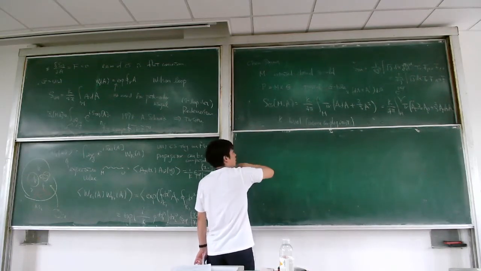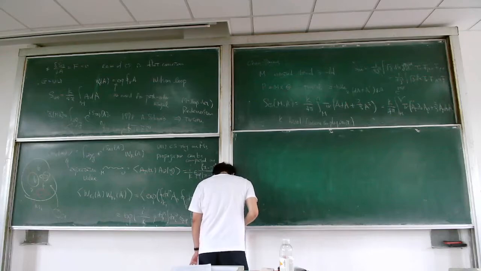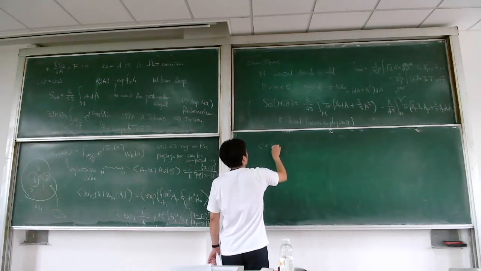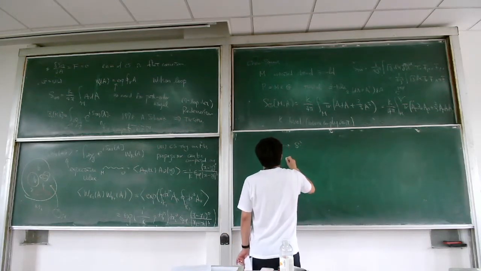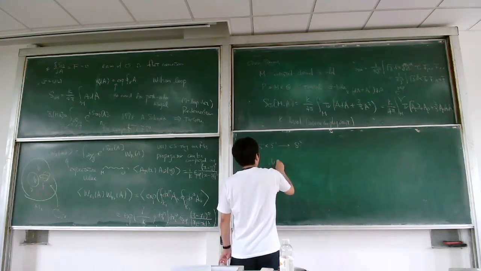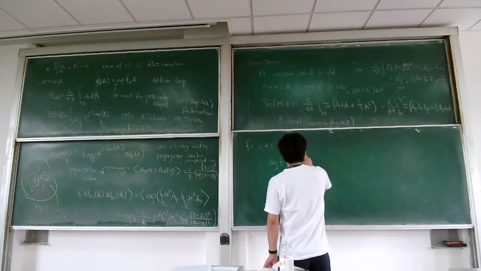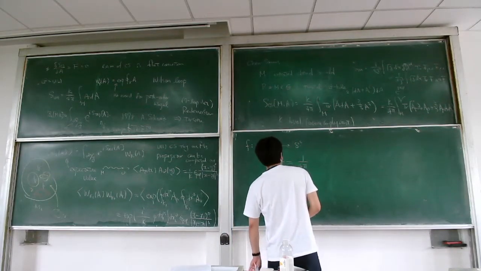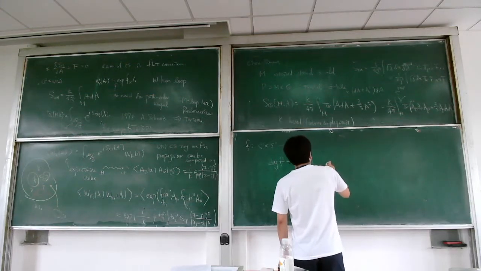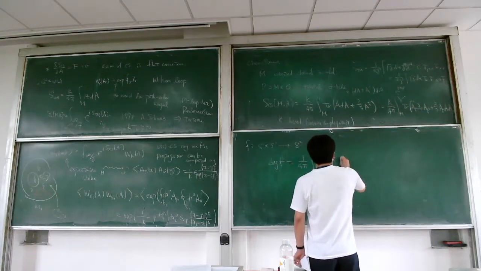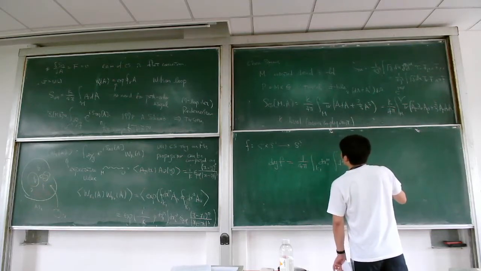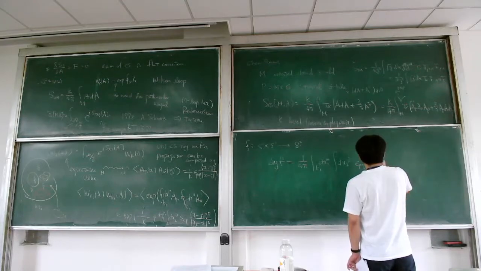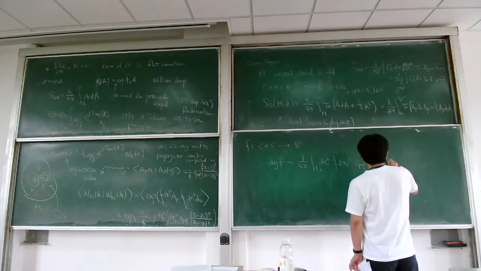The Hopf theorem tells us that the mapping degree of f, from S1 times S1 to S2, can be written as 1/4 pi times the integral over K1 and K2 of dx1 mu, dx2 nu, epsilon mu nu rho, (x1 minus x2) rho divided by the norm cubed, exactly the same integral.